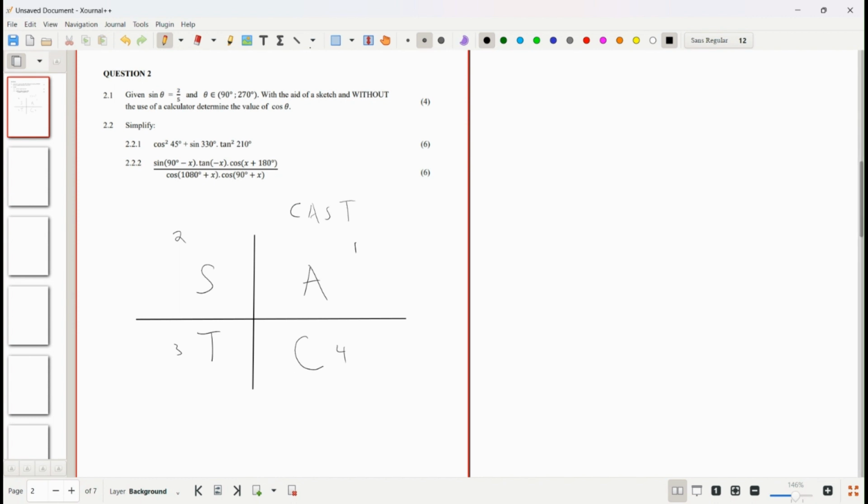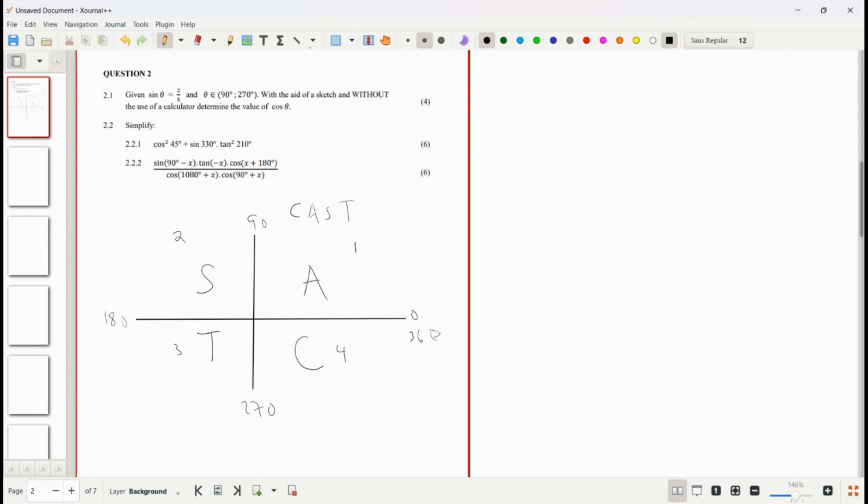So when we solve this question, we are given this restriction, or you can call it an interval. We have 0 degrees here, 90 degrees here, 180 degrees here, 270 degrees here, and 360 degrees here, right?